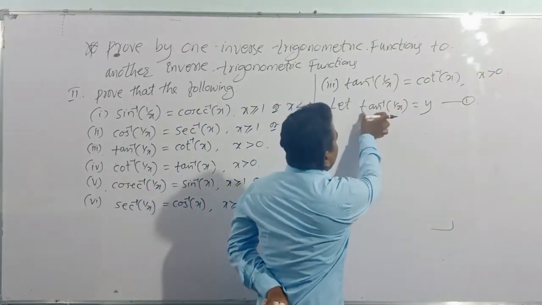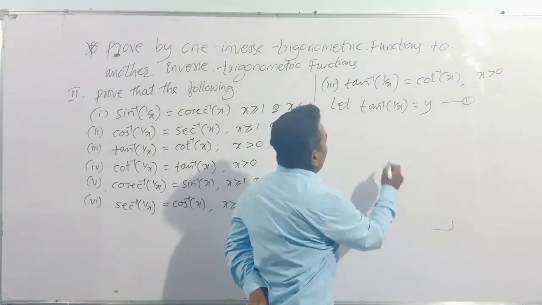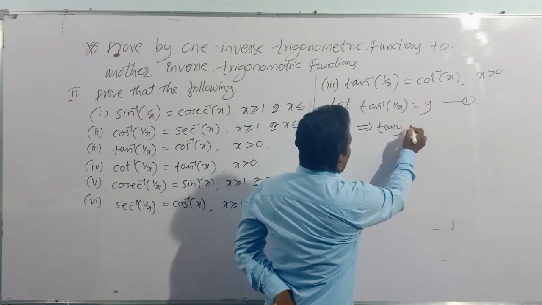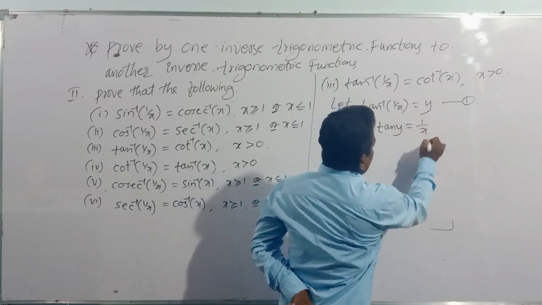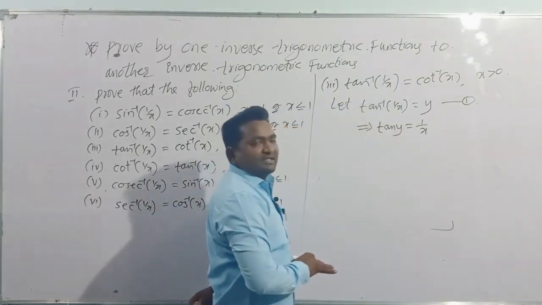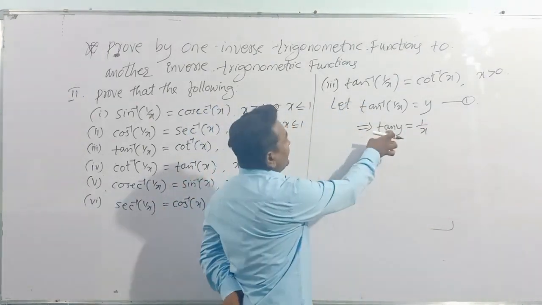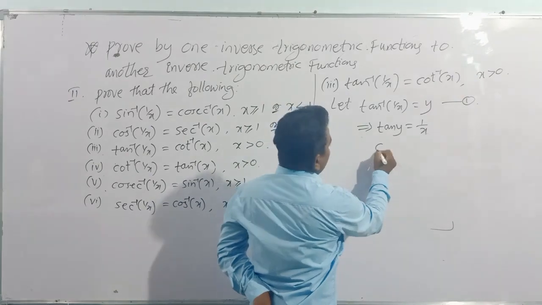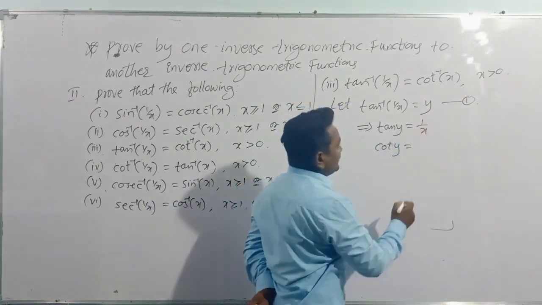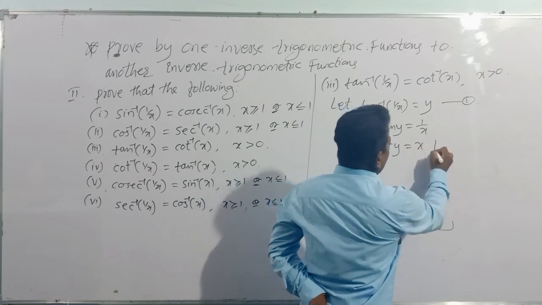Now same case, tan inverse function move right hand side, it becomes tan y. Now this implies tan y is equal to 1 by x. Now taking reciprocals on both sides, we get reciprocal of tan y is cot y, and reciprocal of 1 by x is x only.